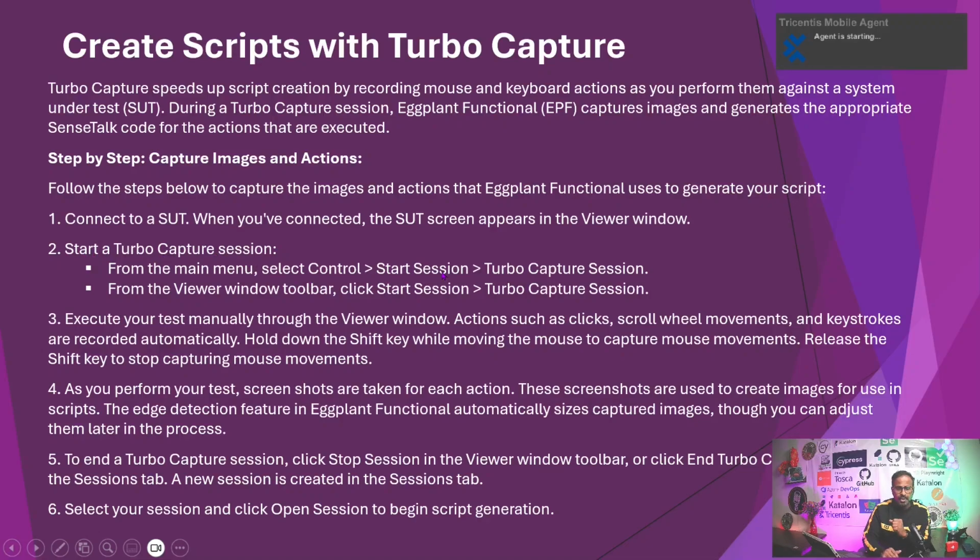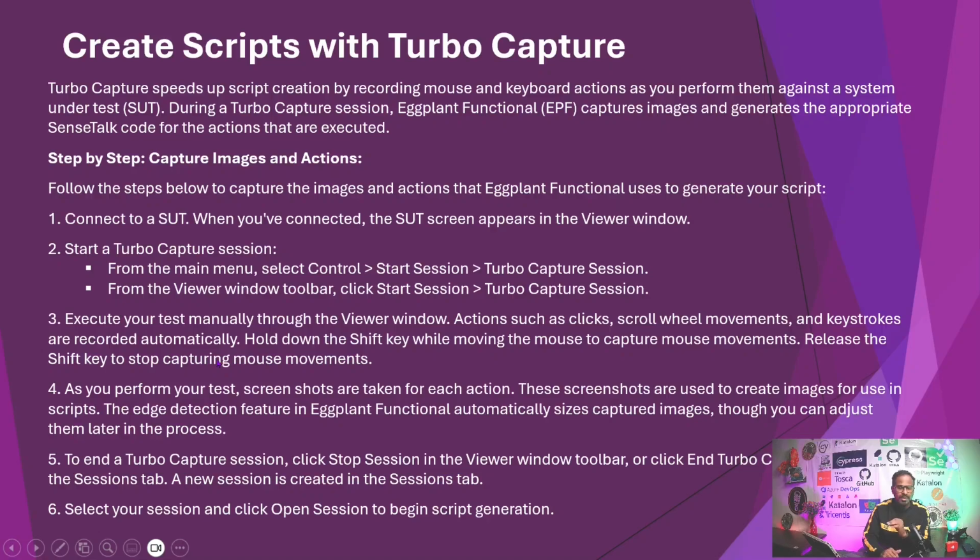So you can start this turbo capture session and then execute your test manually through the viewer window. Actions such as clicks, scroll wheel movements, and keystrokes are recorded automatically. Hold down the shift key while moving the mouse to capture mouse movements.